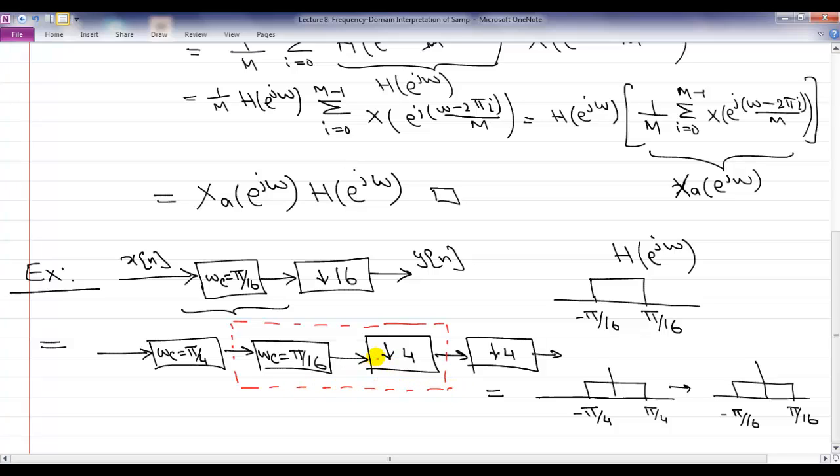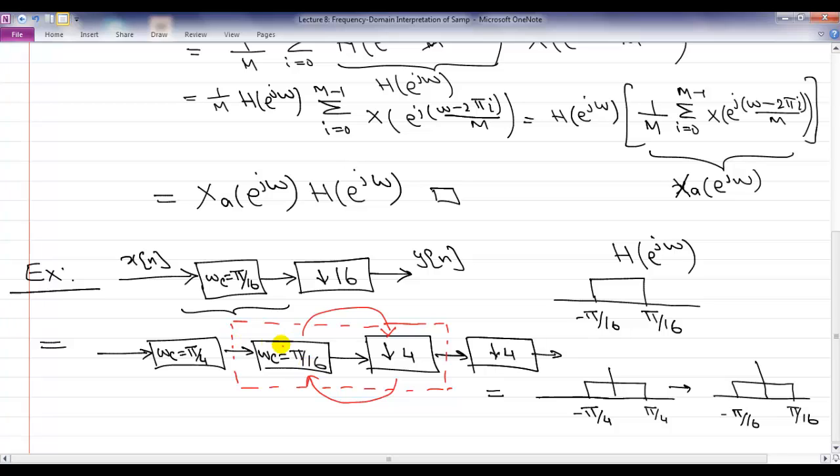Now that identity says that I can bring decimation first and filtering later, as long as I scale my frequency axis by a factor of M. M here is 4.